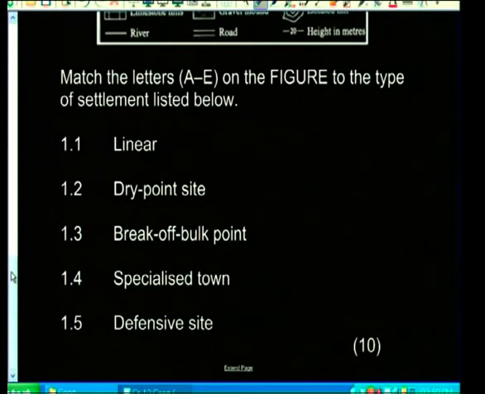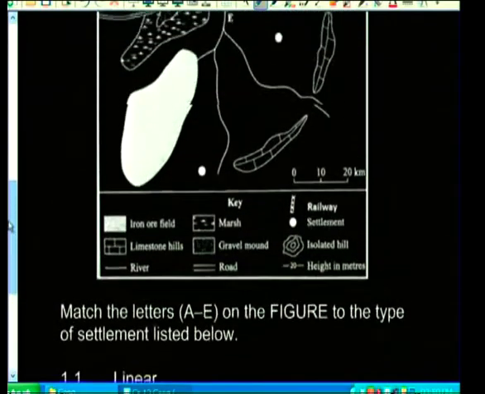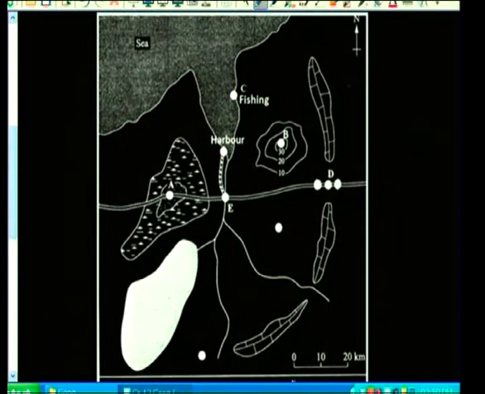Our first statement given, they are looking for a linear settlement. So if we go back to the diagram, we can see our different settlements. We've got C over at the top here, we have B, there's D, E, and A. Now, which one of those 5 is typically representing a linear settlement? A linear settlement comes from the word line and therefore is looking for settlements in the shape of a line.